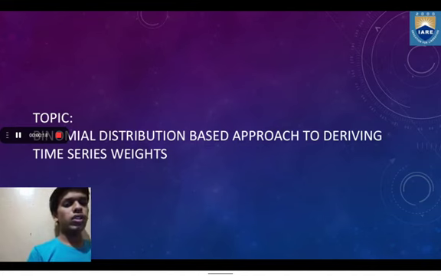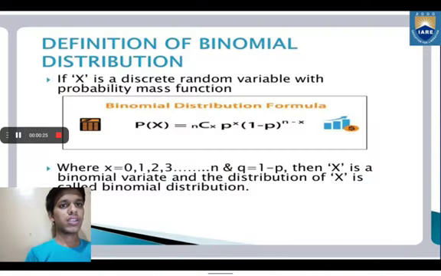Before starting our topic, let us discuss what is binomial distribution probability. If x is a discrete random variable with probability mass function where x is 0, 1, 2, 3, and so on up to n, and q is equal to 1 minus p, then x is a binomial variate and the distribution of x is called binomial distribution.